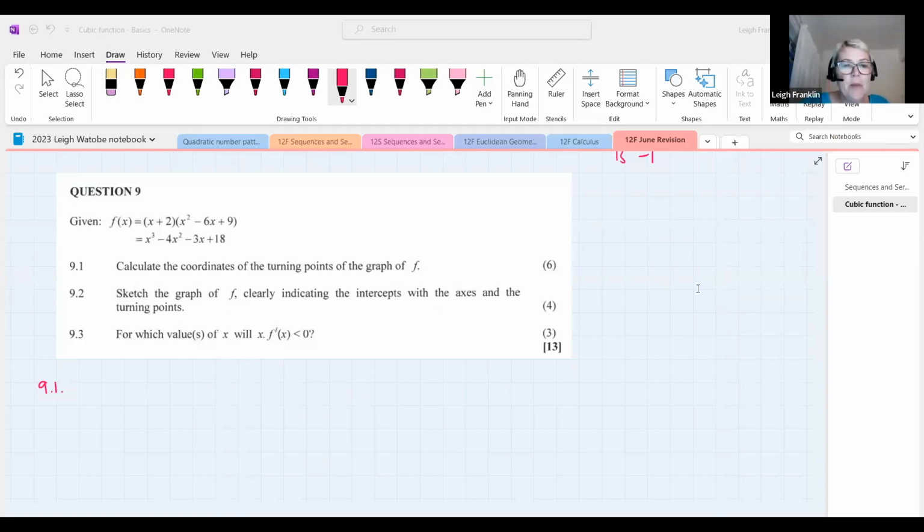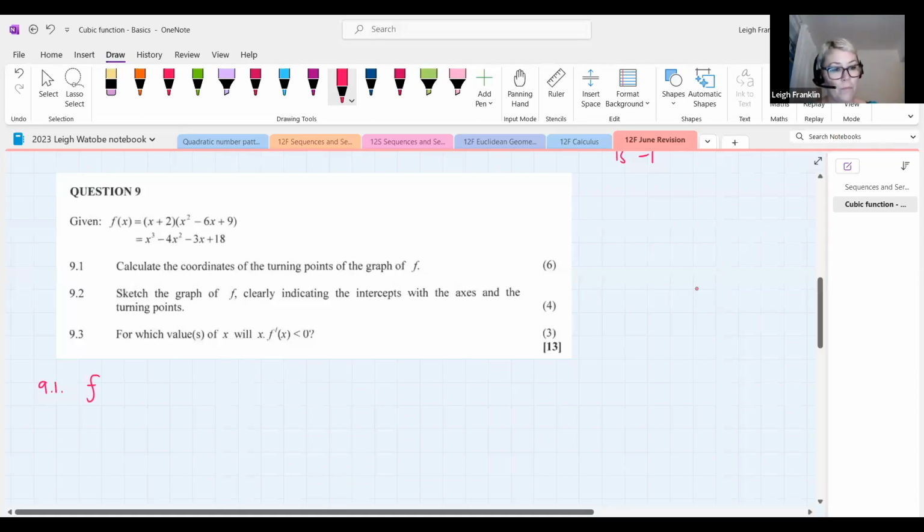So the people that have offered answers for 9.1, you've offered X coordinates at the turning points, work out what the Y coordinates are, and then see if you can go about doing question 9.2. And I'm going to work slowly behind you.